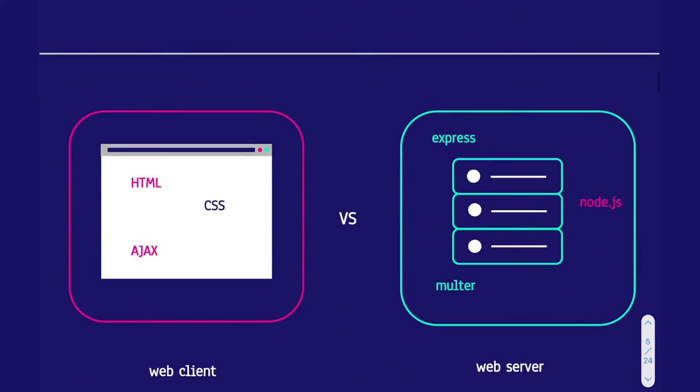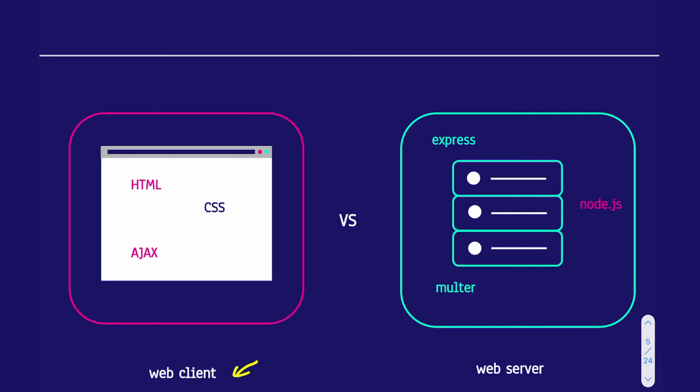So you would anticipate on the web client using HTML for the structure of the content you see, CSS for the style of the content, and then Ajax if you wanted to, say, for example, fetch something from an API to display that content on your website. This is in direct comparison to the web server, where you're using things like node.js and then middleware like multer and Express.